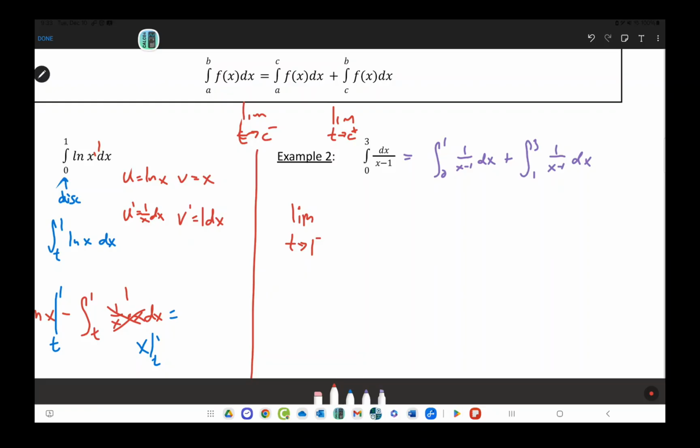So from the left, the integral from 0 to t of 1 over x minus 1 dx, plus the limit as t approaches 1 from the right of the integral from t to 3 of 1 over x minus 1 dx.